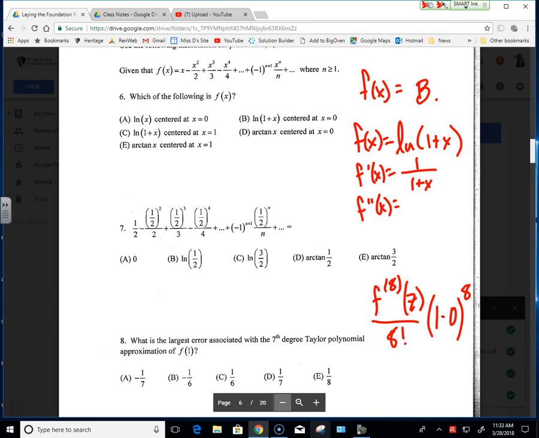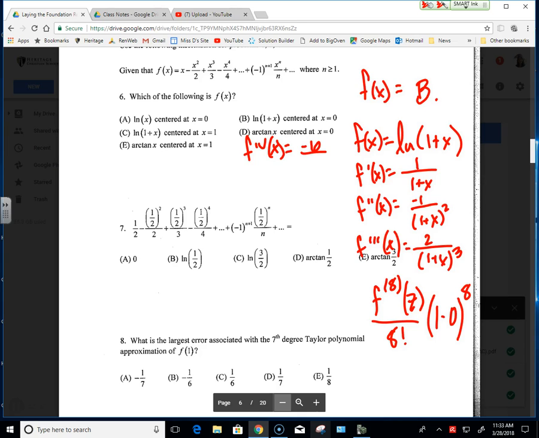Because we have to maximize, we can't just steal the 8th derivative at 0. So we have to actually find the 8th derivative. The nice thing is there's the pattern. We bring down the negative 1 for the 3rd derivative. We bring down a negative 2. Fourth derivative, we bring down a negative 3.